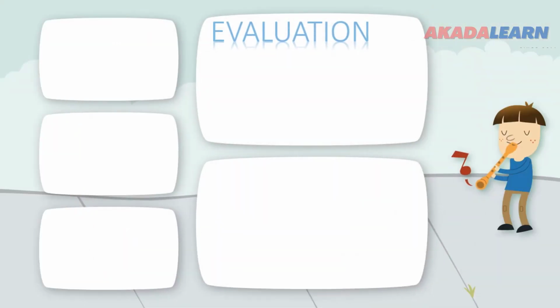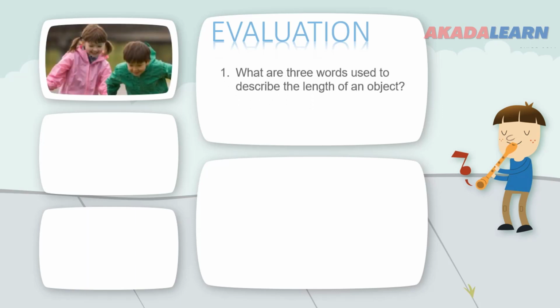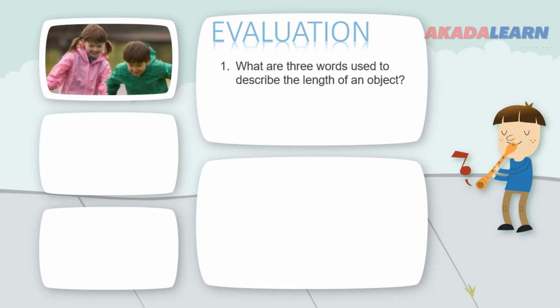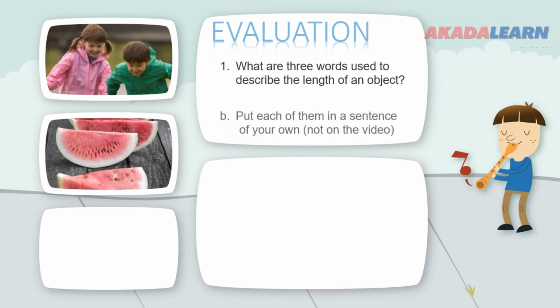Alright, let me leave you with some questions now that we come to the end of the video. Number 1, what are 3 words used to describe the length of an object?